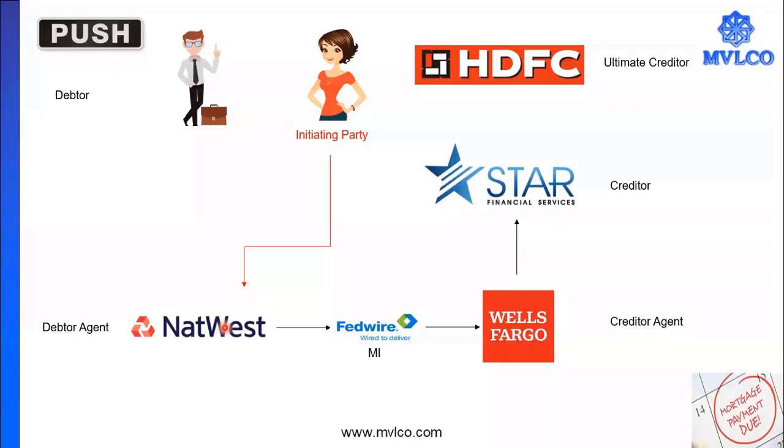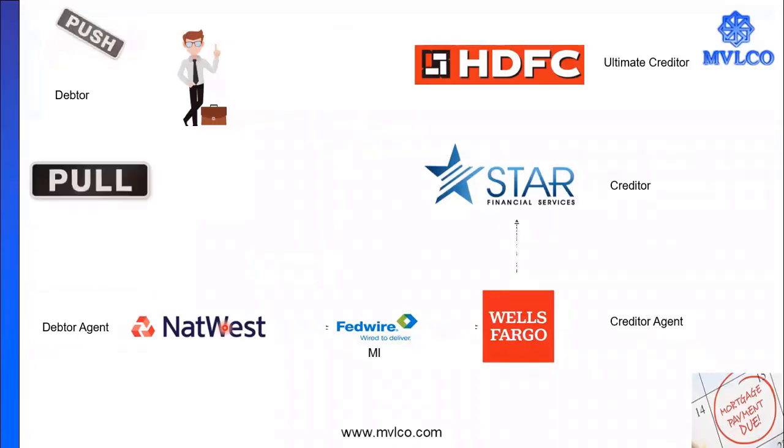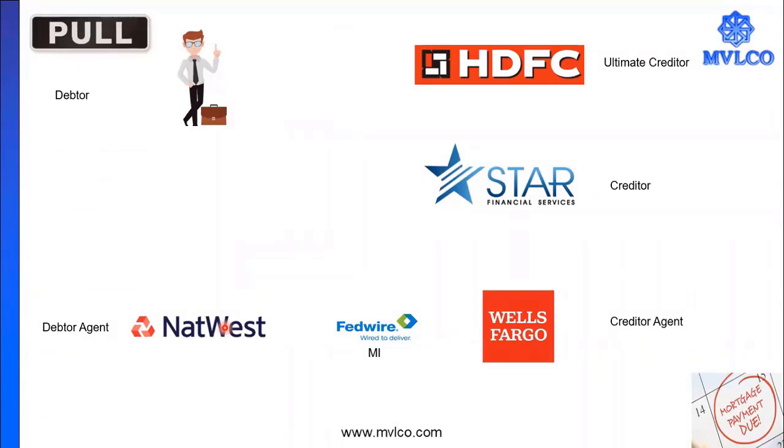Let me take the fourth and last scenario, a pull type of transaction. In a pull type of transaction, this will be applicable to a direct debit. It is possible that Jack has given a mandate to Star, authorizing Star to debit Jack's account at NatWest. In that case, there will be a pain.008 message starting from Star and going to NatWest, telling NatWest, debit Jack's account because we have got the authority to pull that EMI from Jack's account.